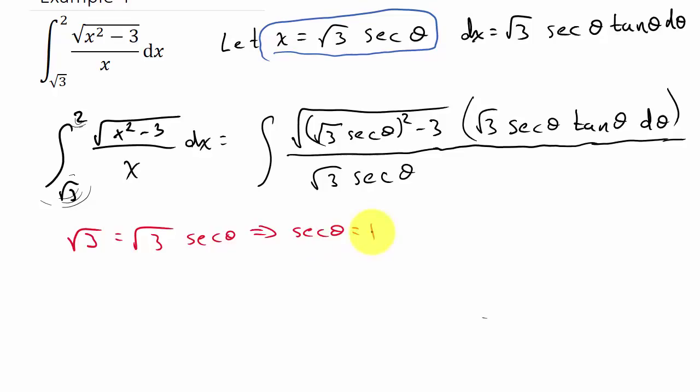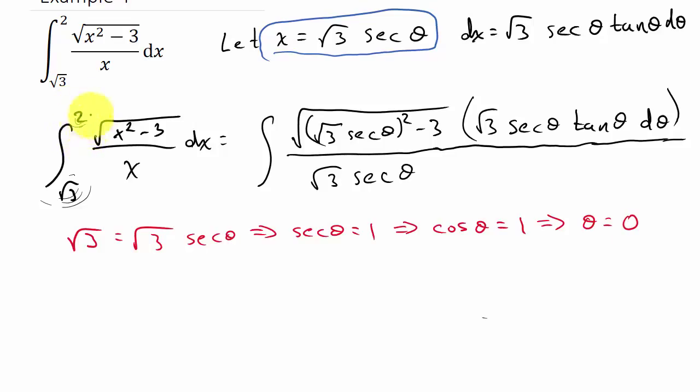I don't know about secant theta, but I do know about cosine theta. So if I rewrite this as cosine theta equals, now remember, cosine is the reciprocal of secant. If I take the reciprocal of 1, I just get 1 back. The cosine of what is 1? That's the cosine of 0. So I get theta is 0.